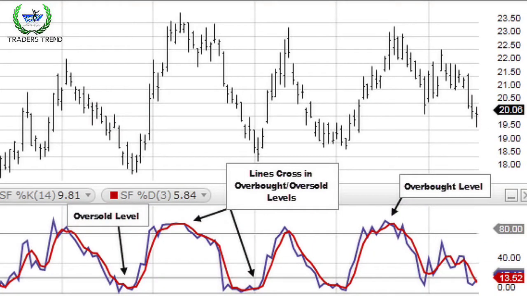This is the stochastic oscillator. Here you can see the overbought and oversold conditions, and then the crossover of the two lines, the K and D lines. Here 80 is the overbought condition and 20 is the oversold condition, and 50 is the center point. Above 50 is the uptrend and below 50 is the downtrend.